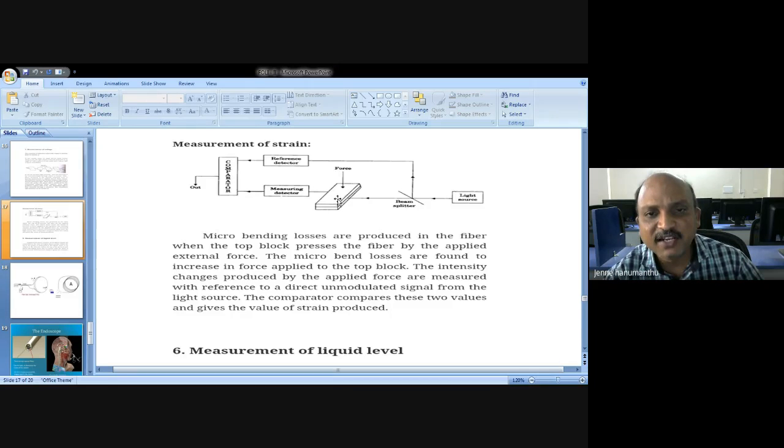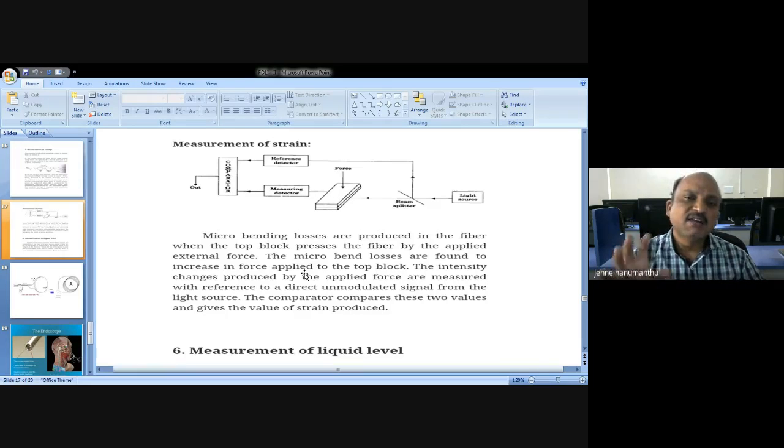The modified light is measured with the measurement detector, and that output is given to the second input of the comparator. Now we compare the two inputs in the comparator. We can estimate the change in parameters of the light, which is proportional to force or pressure or any local strain.